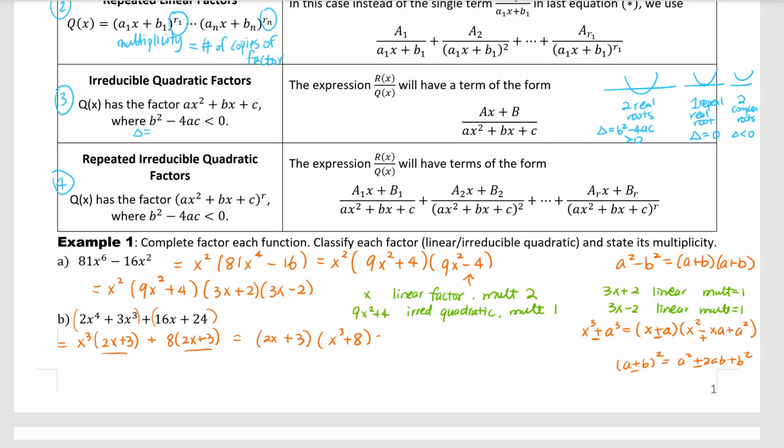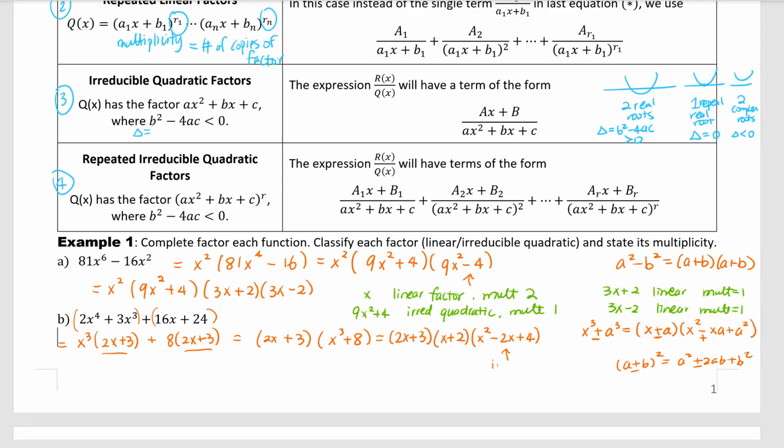Okay, so that's why this is 2x plus 3, and then x plus 2, x squared minus 2 times x, plus 2 squared, which is 4. Okay, so if you use this formula, this guy is always irreducible quadratic.